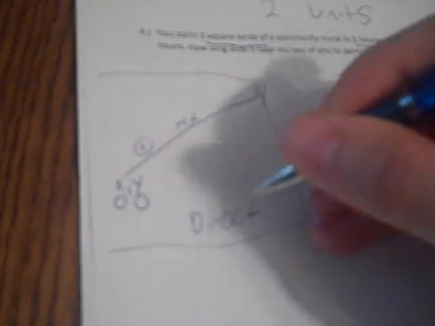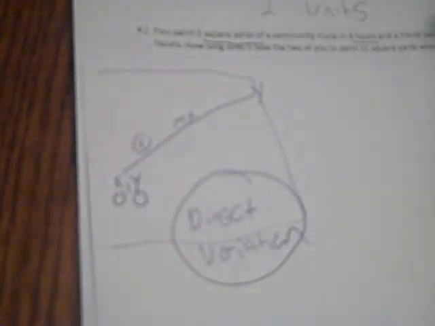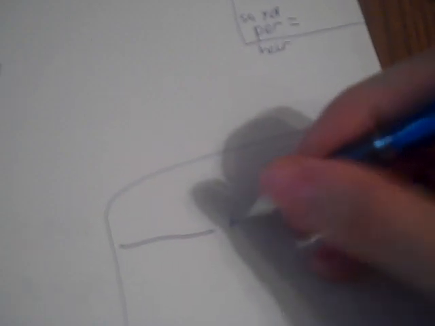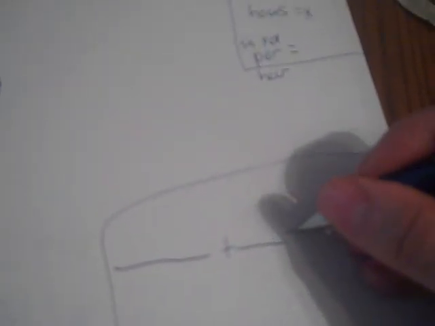So that is a direct variation. With direct variation, we go down here and set up ratios. There's going to be 3 of them: you, your friend, and then equal to what you can do together, because you're eventually going to team up. You want to put your time unit on the bottom.